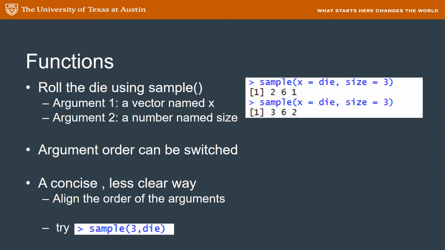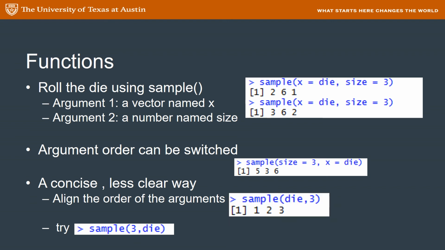This is the traditional way we use the arguments, and the argument order can actually be switched. If you try sample with size set to 3 and x set to die, that works. So the argument order can be switched, and we can have a third way, which is concise but less clear: sample, die, and 3.